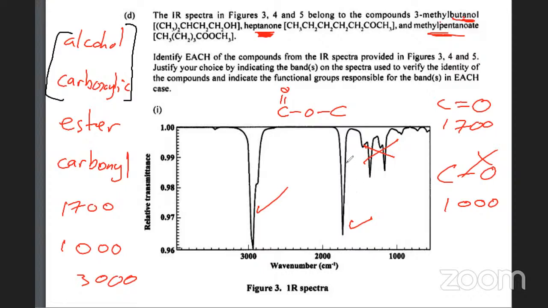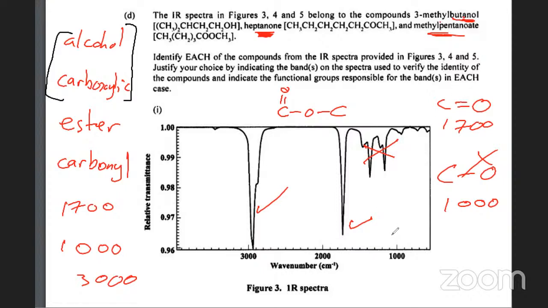So this chart is not very difficult to interpret. It's just three specific groups you are looking for. Look at 3000 to see if you have any OH. Close to 2000, if you have a peak there, C double bond O is present.